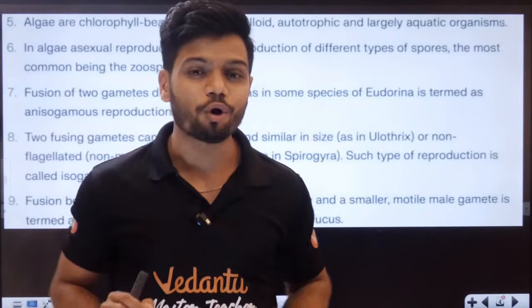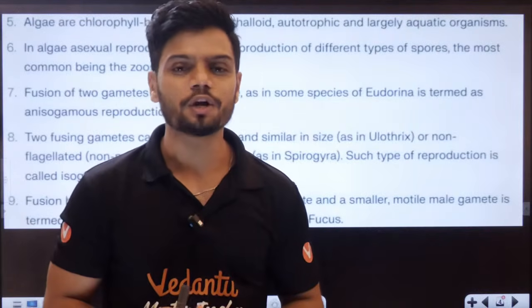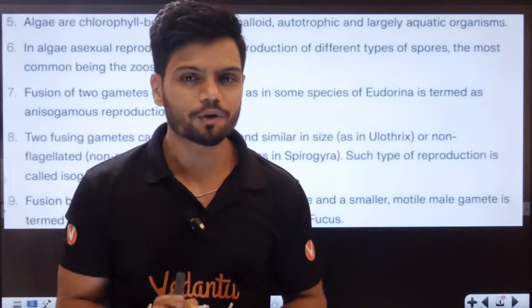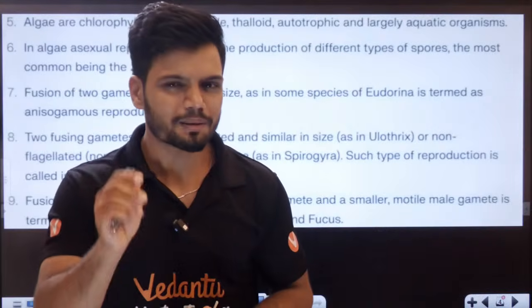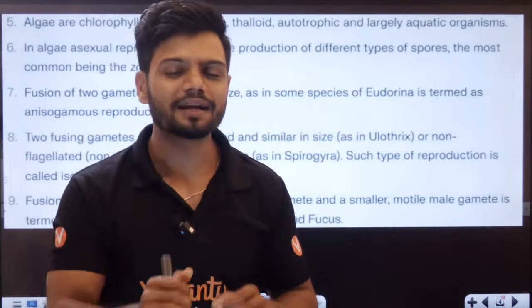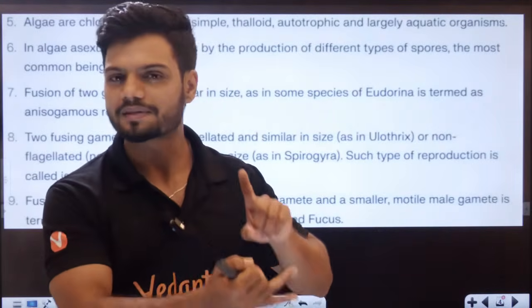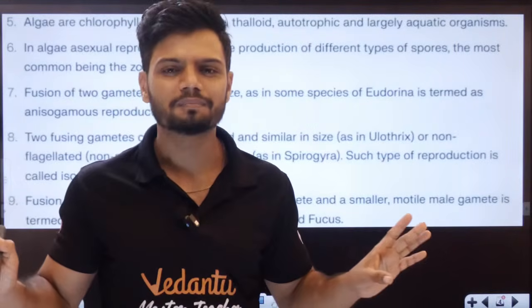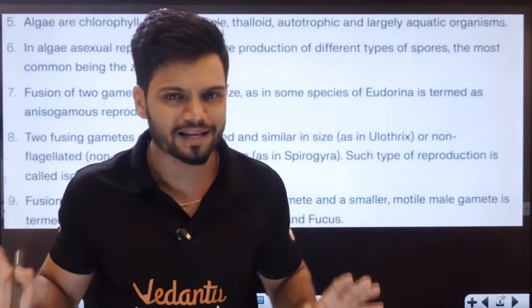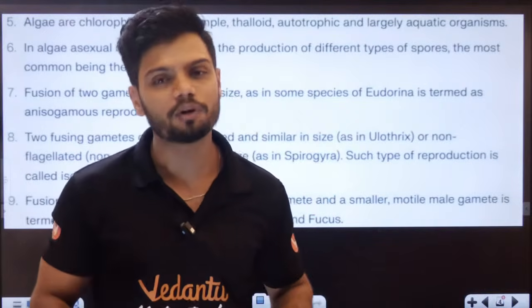So algae is called thalloid, because it has a thallus body. What is the meaning of thallus? It does not have root, stem, flower or branches, nothing. Just a normal thalloid body it has, and it is chlorophyll bearing.